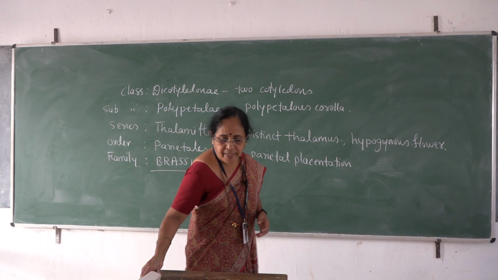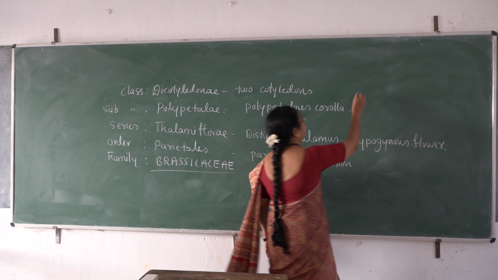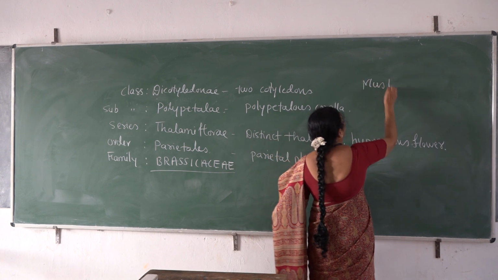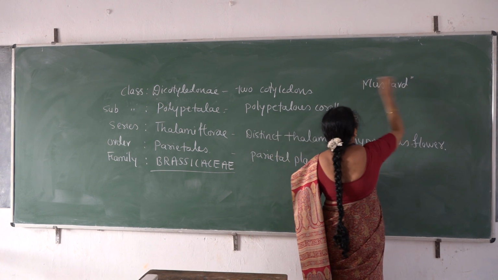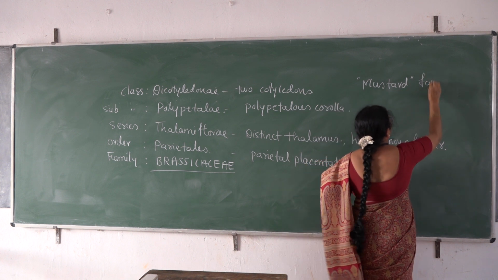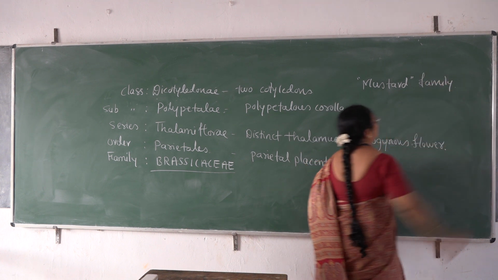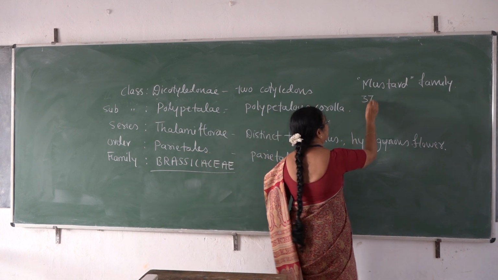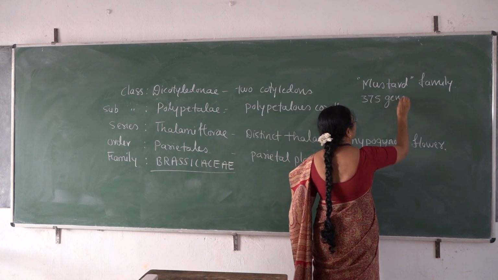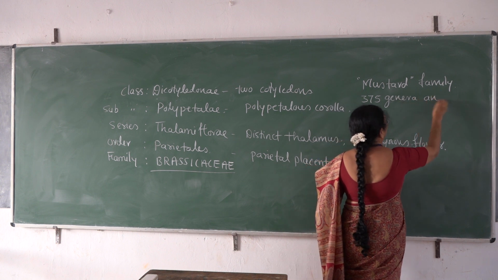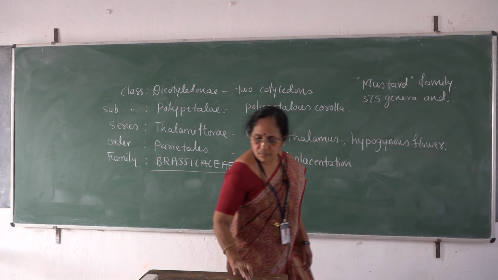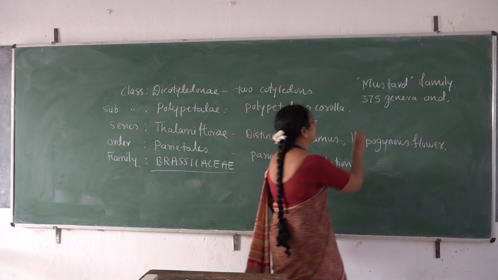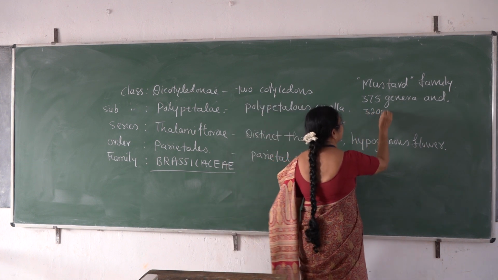Now, the introduction for this Brassicaceae family. The Brassicaceae family is the mustard family, which includes about 375 genera and 3,200 species.